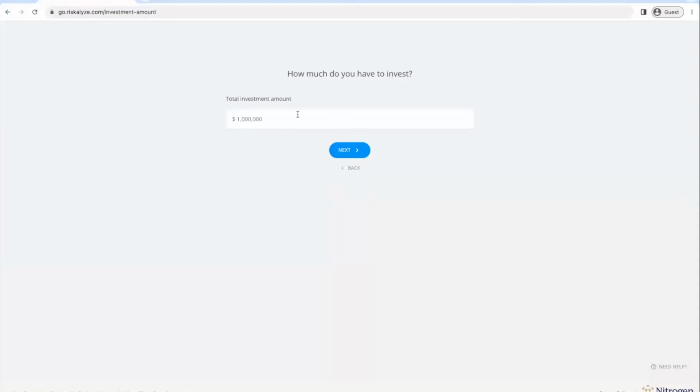How much do you have to invest? This screen is an important one because ultimately this is going to drive the risk assessment part of this tool. Often this number will be pre-populated based on information that you may have already shared with us and that we may have already input into this tool. But what we want to focus on here is any savings or investments that you would want to either put in the market or that you already have invested.